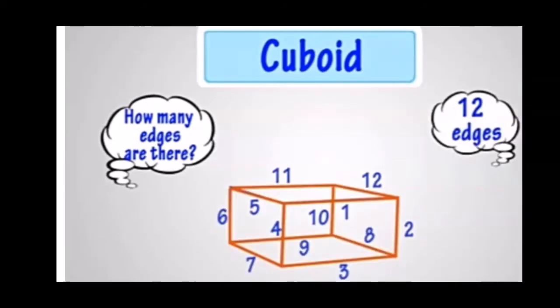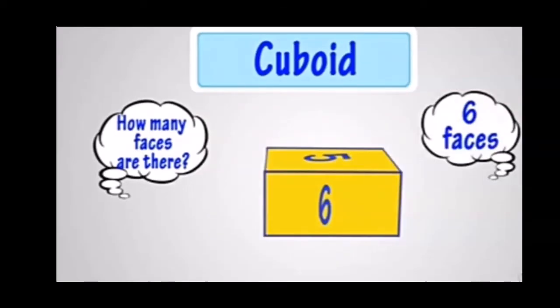See, in cuboid how many edges are there? We'll count now. 1, 2, 3, 4, 5, 6, 7, 8, 9, 10, 11, 12. So in cuboid you are having 12 edges. Now if you see how many faces are there in cuboid, you will be having 6 faces.